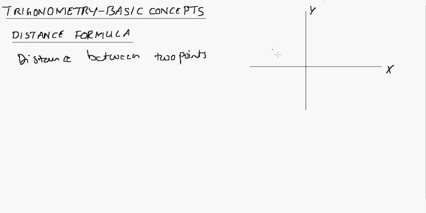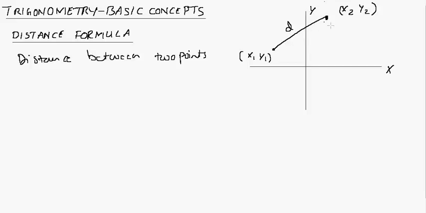For example, we have a point here represented by x1, y1, and another point somewhere here. Let its coordinates be x2, y2. Now we need to find the distance between these 2 points. Let the distance be d.